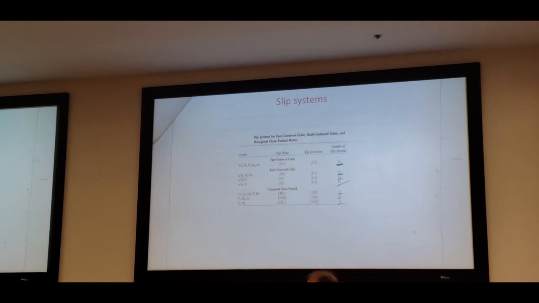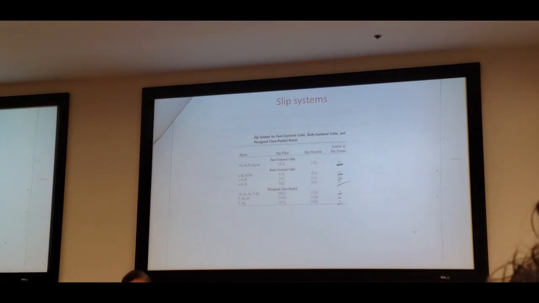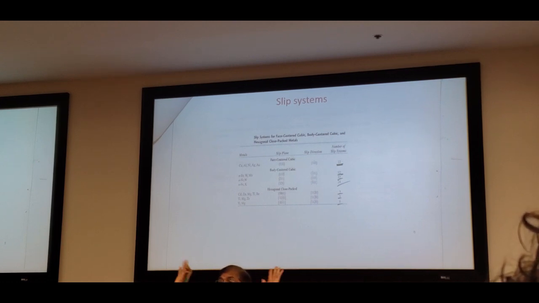So now, listen here. Can you predict? My question is, consider the HCP crystal structure. We already learned about FCC, and BCC also. You can see it is 12, 12, 24, that type of slip system.